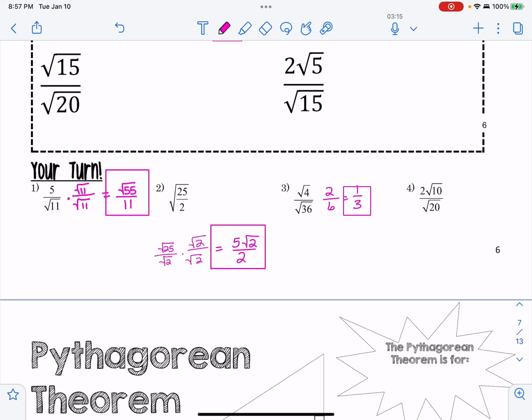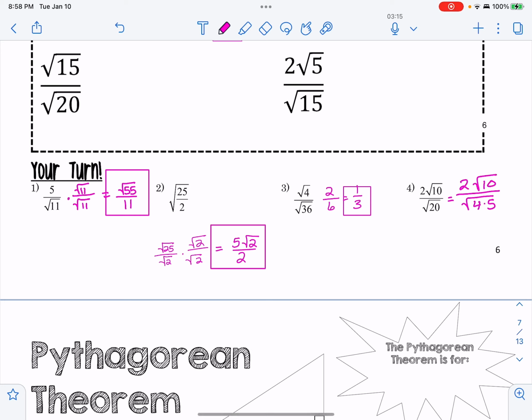And lastly, okay, I'm going to reduce this real quick. I have to rationalize the denominator, but before I do that, I'm going to rewrite that 20 as 4 times 5. That square root of 20.